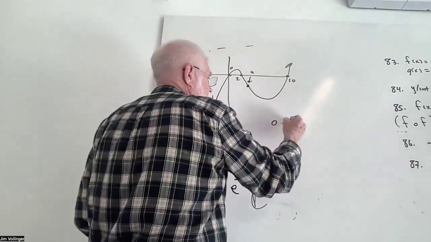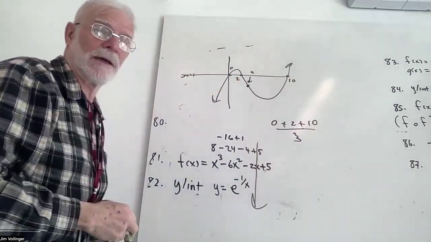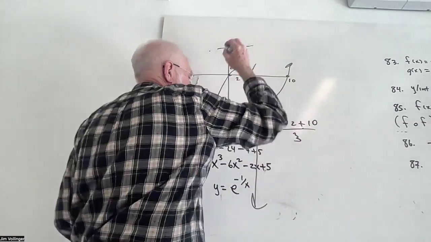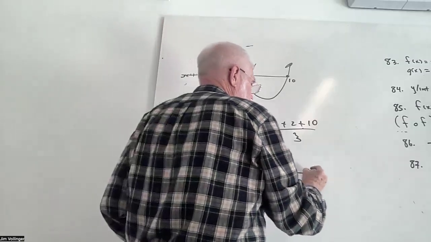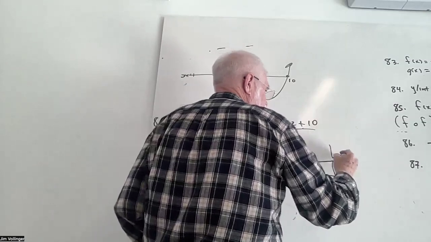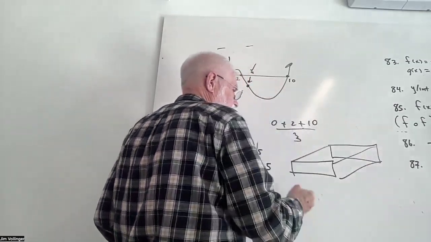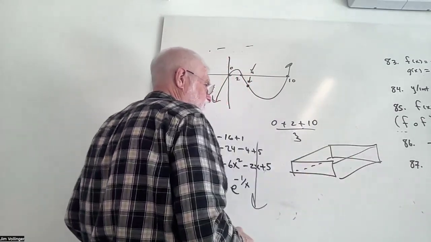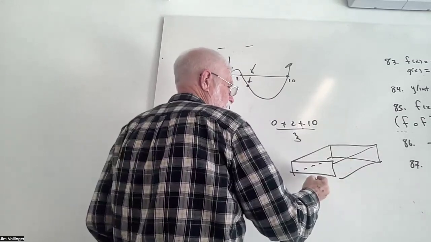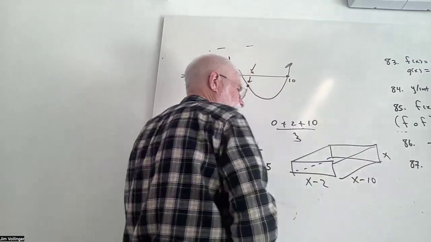And what's 0 plus 2 plus 10 divided by 3? I'll let you do that. Oh, big coincidence. Big coincidence. And what is it? It's a cubic. That's not a perfect cube. Right? You've heard about completing the square, yes? Well, this is just one step up, completing the cube. Right? And this might be x minus 2, this might be x minus 10, and that might be x.